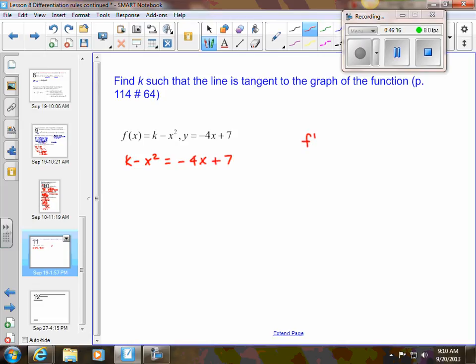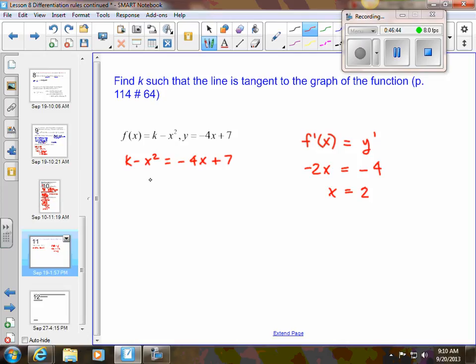And we also need to set the derivatives equal to each other. K is a constant, so f prime of x would be what? Negative 2x. And y prime? Negative 4. So for this one, we can solve for x.